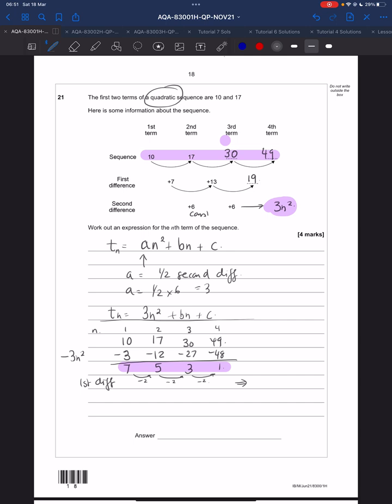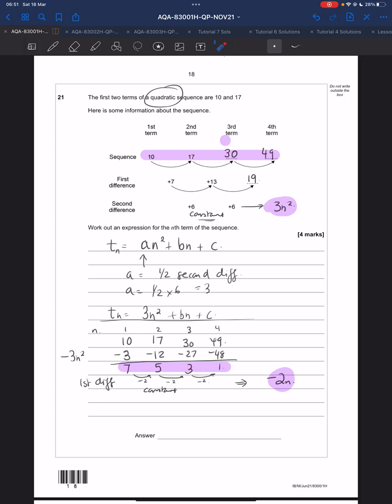With a constant second difference, you half it and get 3n squared. With a constant first difference, it's minus 2n. So we've got 3n squared minus 2n, because it's going down in twos.